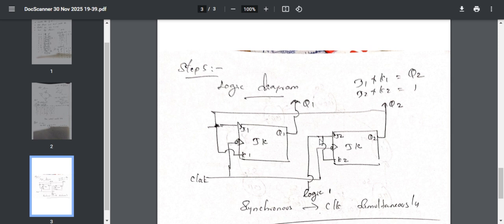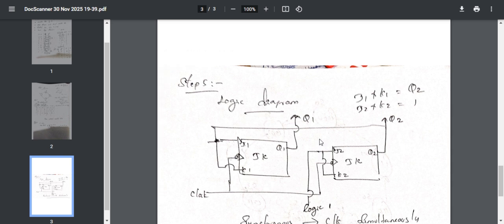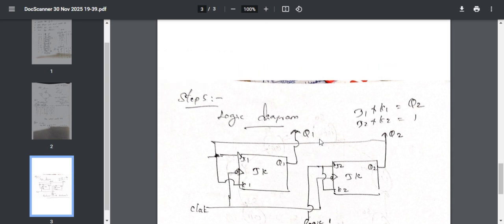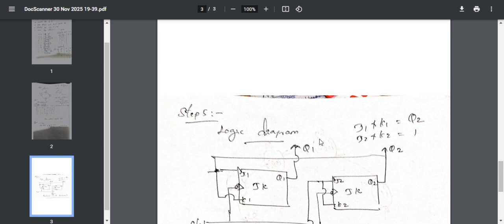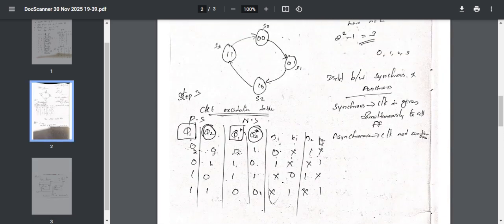It is totally the decision of the designer to choose which flip-flop and the number of flip-flops. So step 1 decided JK flip-flop and number of flip-flops as 2.